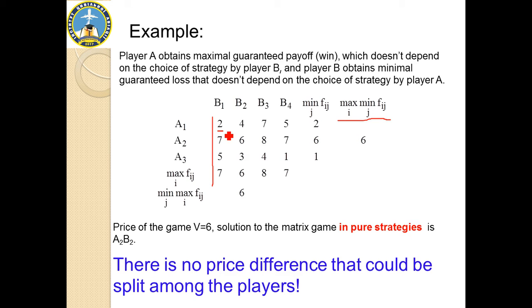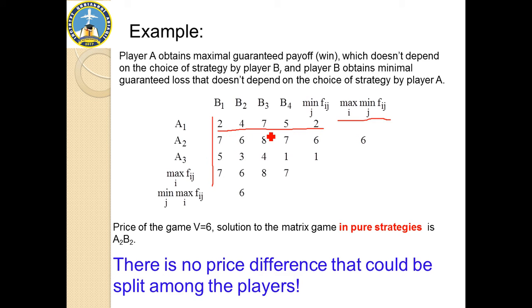We analyze the first row. Strategy A1 is available to player A. And we analyze these payoffs across the choices available to player B, who plays against player A.